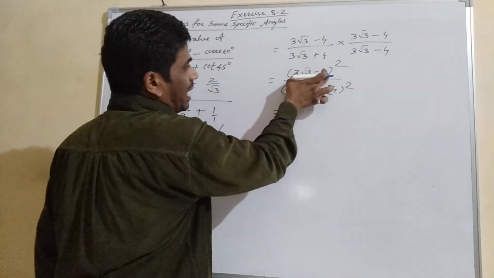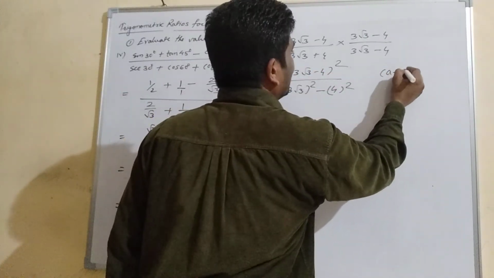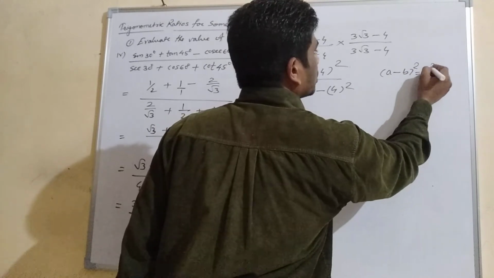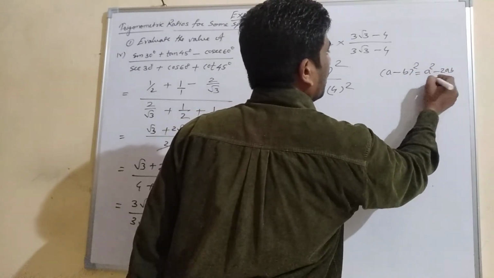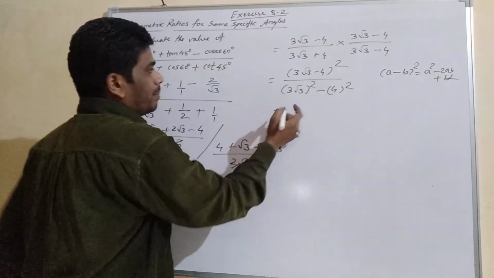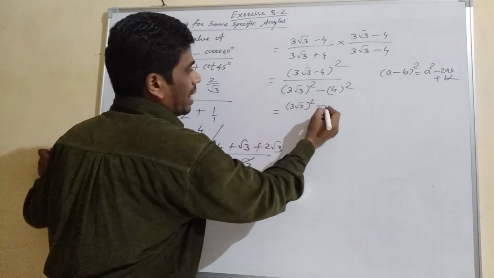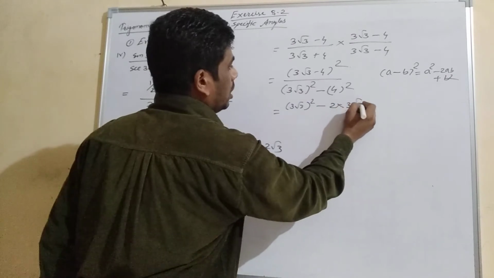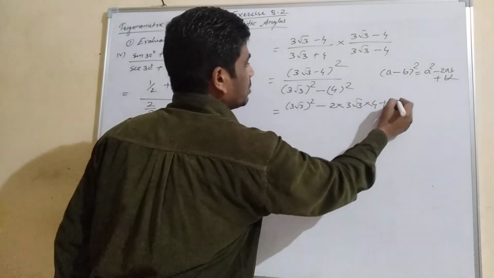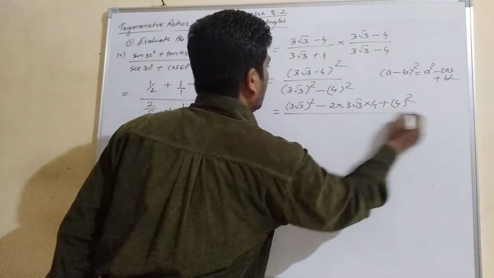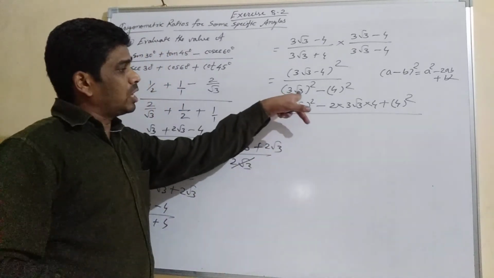So you can expand this, a minus b whole square equal to a square minus 2ab plus b square. So you can expand by this. So 3 root 3 square minus 2 into 3 root 3 into 4 plus 4 square upon, this is, it is the square of 3 also, root 3 also.